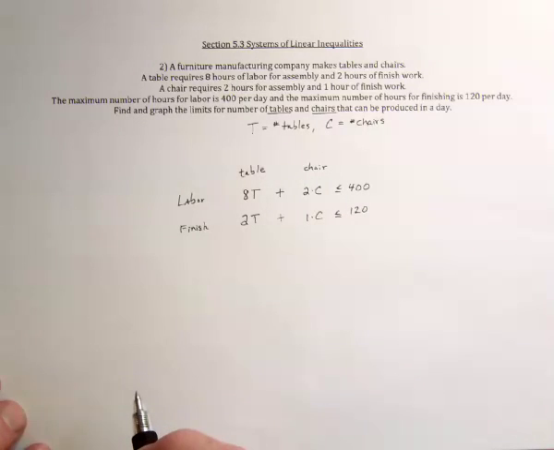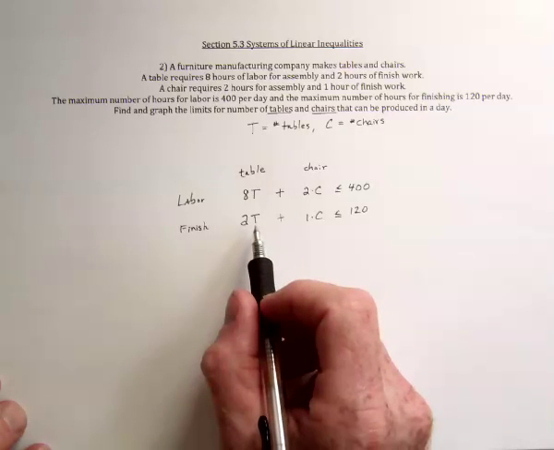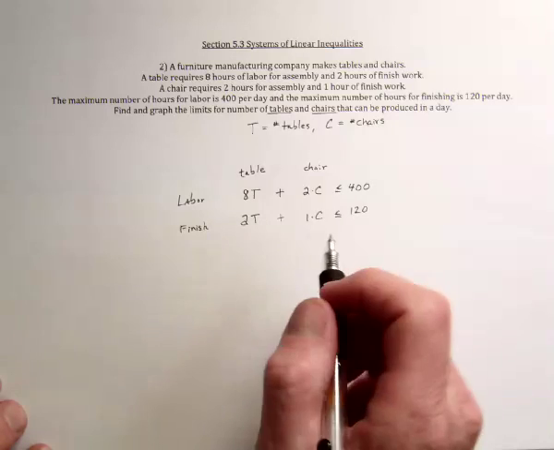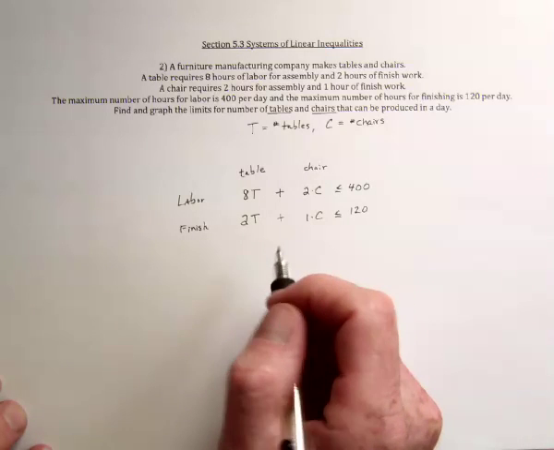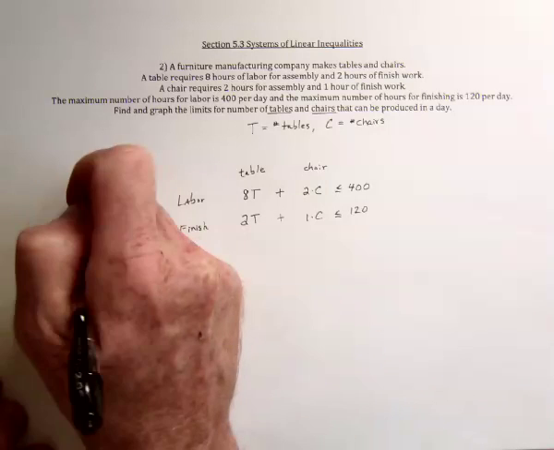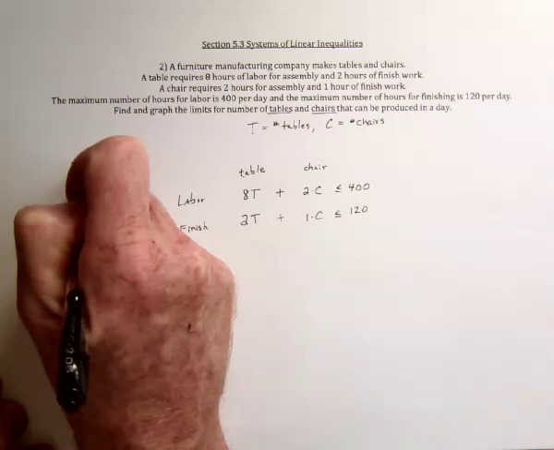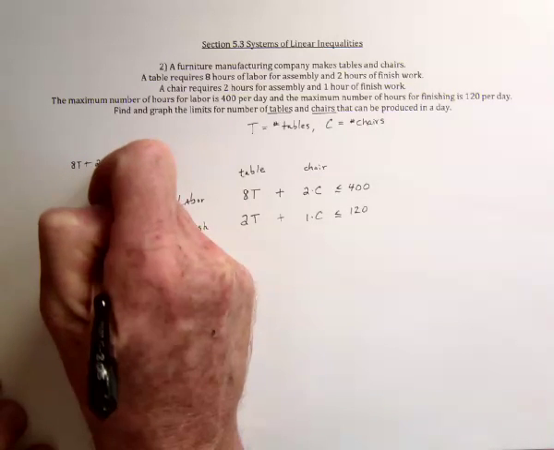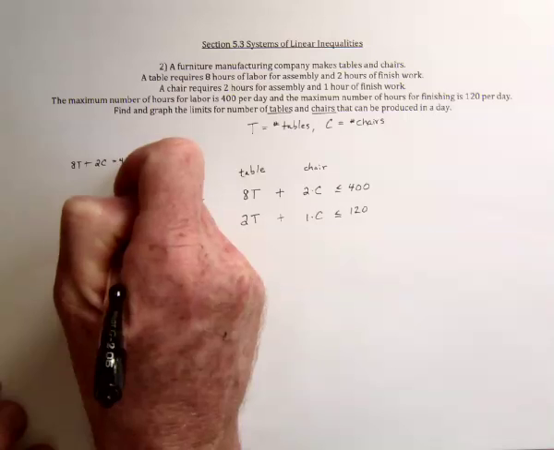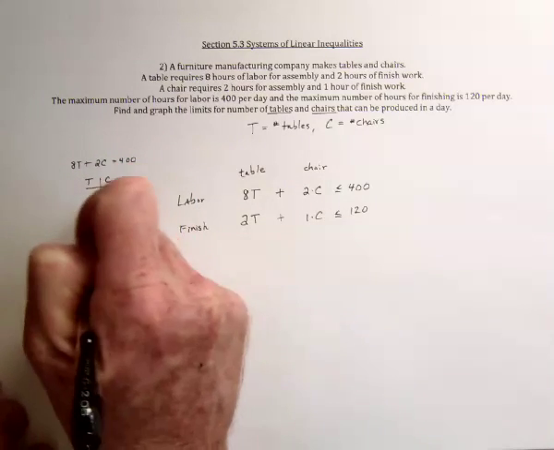And now we've got a system of linear inequalities, 2 variables. And so I need to be able to graph these. I'll need a table of values for each one. So over here on the side I can say, well, if I've got 8t plus 2c equal to 400, then I can make a little table of values.